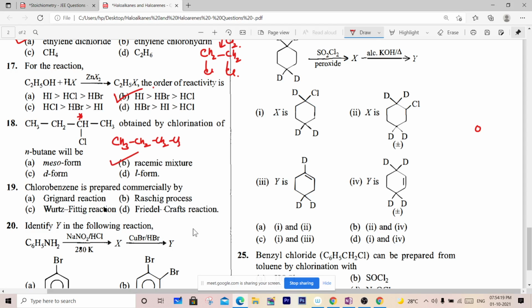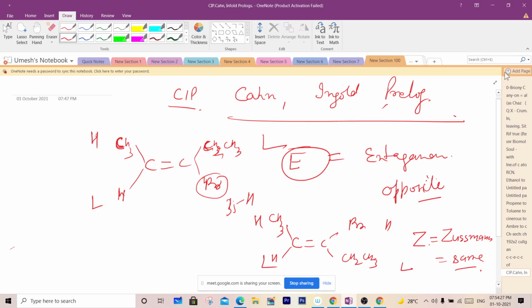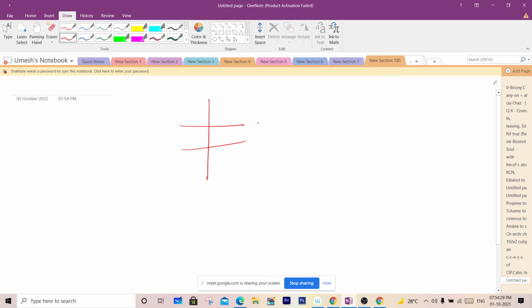So what is meso form? Meso form means when the two similar groups are on the same side. I told you somewhere in the topic of the resin. If the OH groups are both on the same side, this compound is called a meso form.